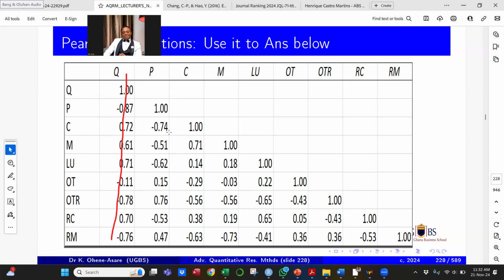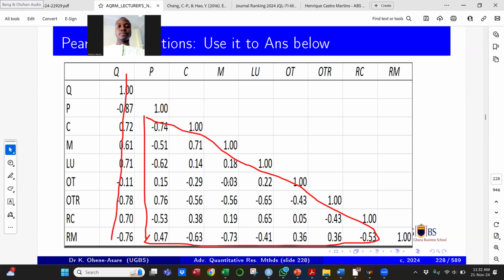It is two independent variables that are highly correlated. We'll talk about multicollinearity properly next time. So you focus on this area and look for the highest number. Which one is the highest?